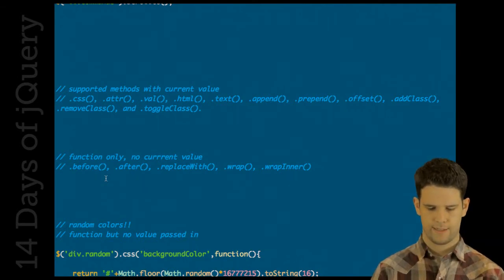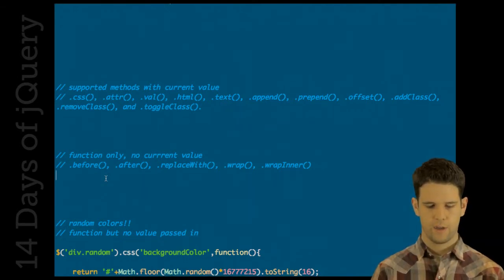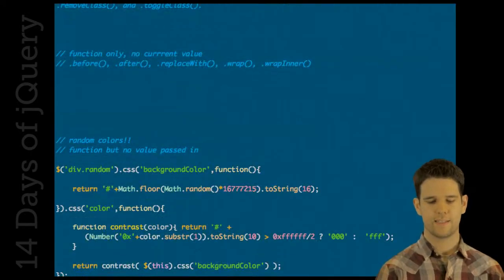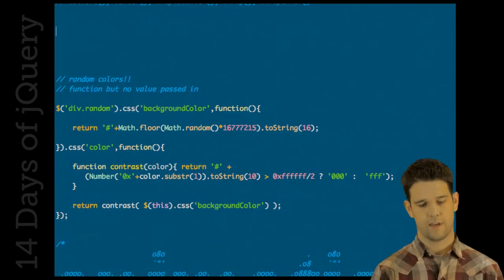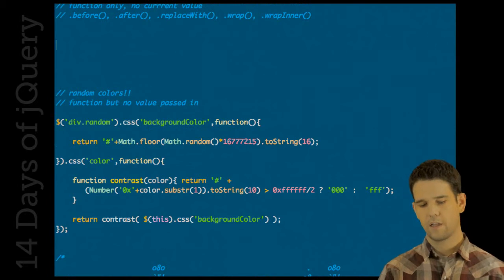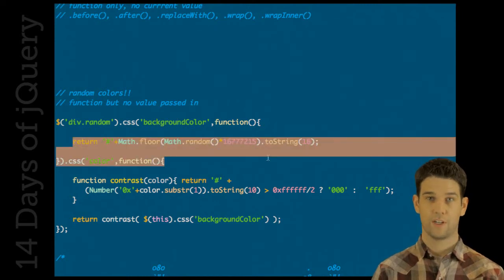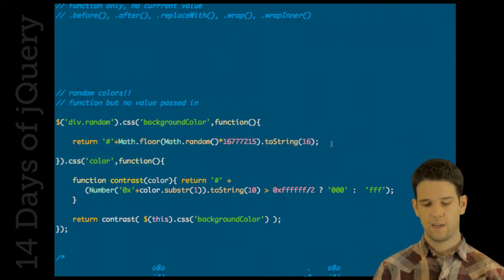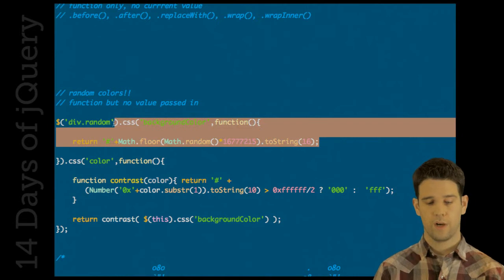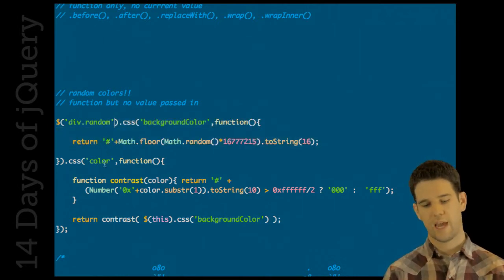One last example here. We're going to take these divs and we're going to set random colors on them. So for the background color, we're going to return a random color. This is a really short one-liner if you ever need a random color. And then the text color, we want to be something that contrasts nicely with that.